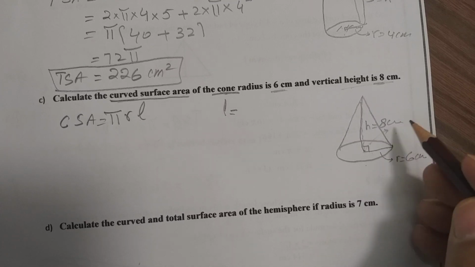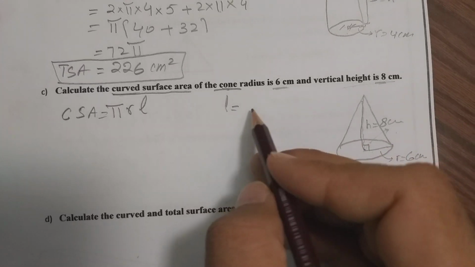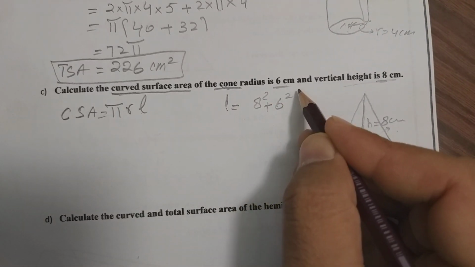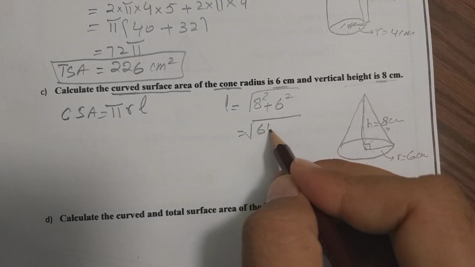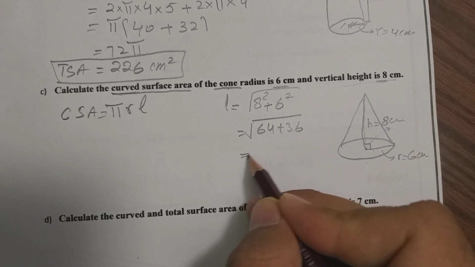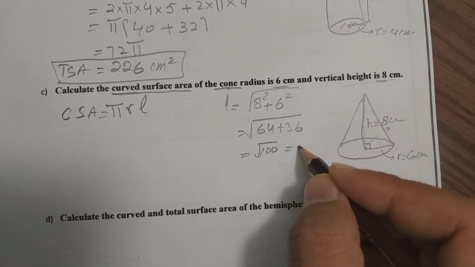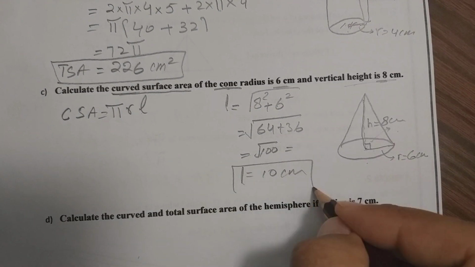How can we find the hypotenuse? Sum of the squares of the two short sides and then take the square root. So it becomes 8 squared plus 6 squared. Simplify, it becomes 64 plus 36. 64 plus 36 becomes 100, which gives 10. So the slant height is 10 centimeter, what we need here.